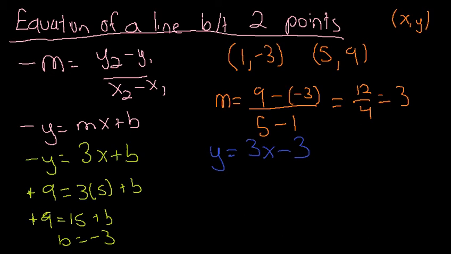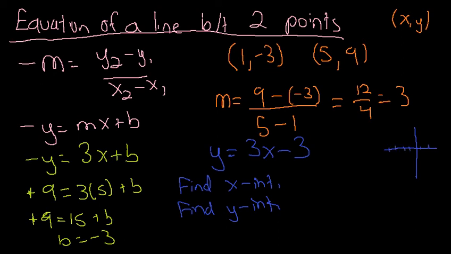Now, what we can do with this equation is probably more important than the equation itself. A question might ask us to find x-intercepts. It might also ask us to find y-intercepts. In order to find the x-intercept, if you think about a coordinate plane, anywhere it crosses the x-axis, y is always 0.